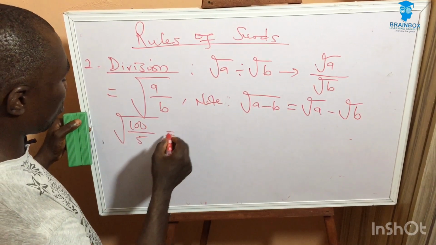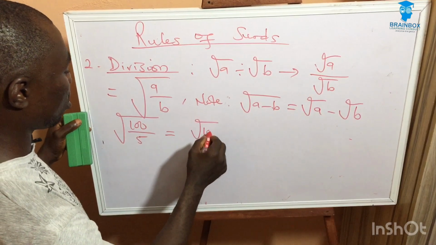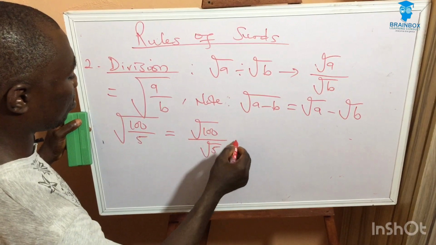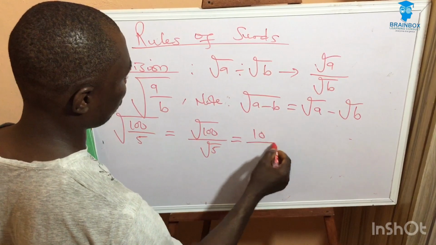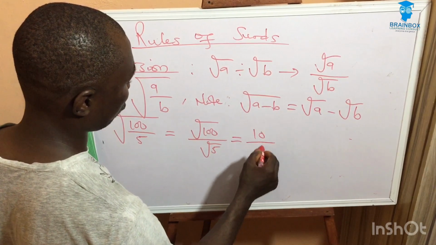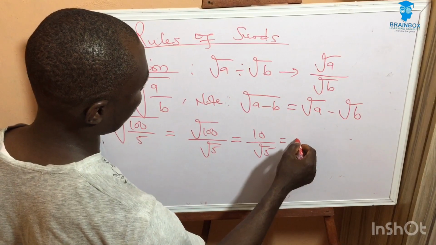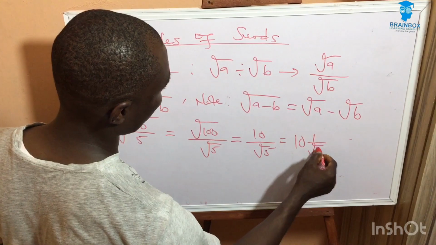That will give you root 100 over root 5. And what's root 100? That's 10. So we have 10 over root 5.